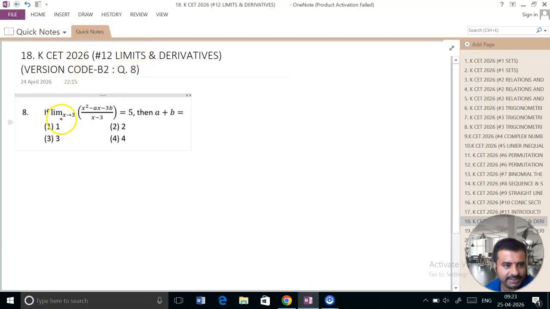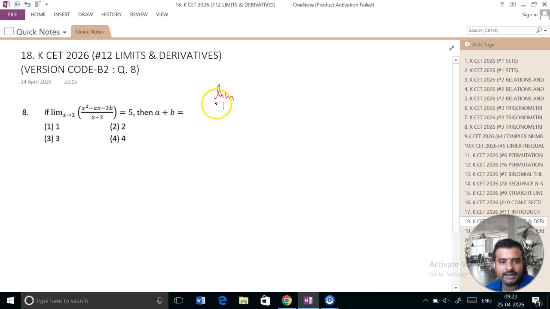The first question is: limit as x tends to 3 of x square minus ax minus 3b divided by x minus 3 is equal to 5. According to the algebra of limits, we can take the limit for the numerator as x square minus ax minus 3b, and if I take the denominator to the right hand side, we can apply the limit x tending to 3 for x minus 3, and we have 5.